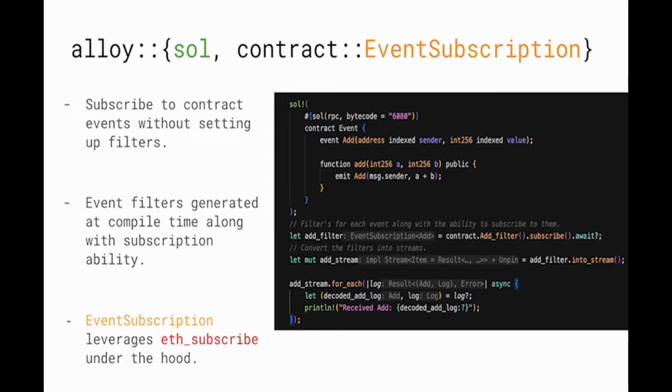It obviously uses the ETH subscribe RPC under the hood, and again, ABI encodes and decodes the logs. So what you can see there, you have a decoded add log and the raw log itself, making it easy to interpret.